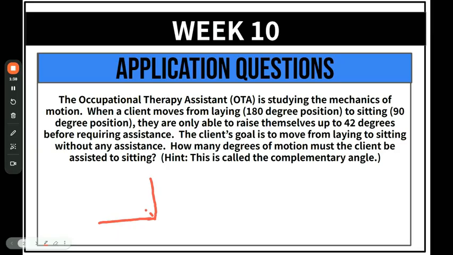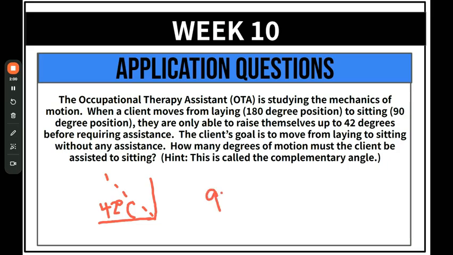So we're going to draw an angle right here, and all they can do, we're going to label it 42 degrees. Now we know that their goal is 90 degrees, so we're going to find out how many degrees they must be assisted before they can be sitting all the way up.